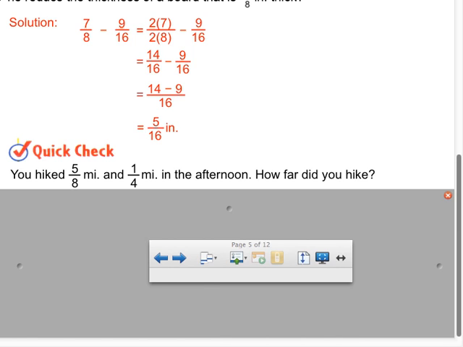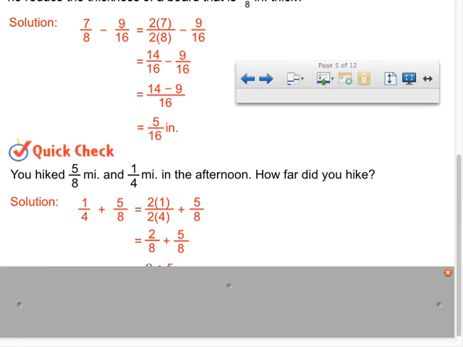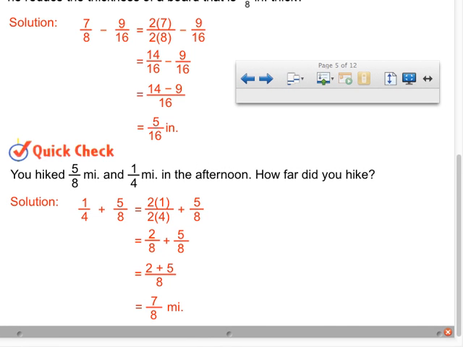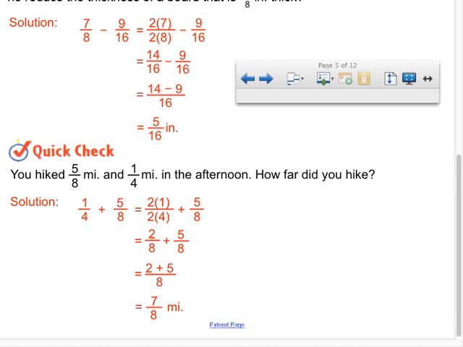Kalila. Nope. Who said that? Say it again. And. What's and mean? Add. Okay. What's the LCD going to be? 8. You can probably do this mentally. What's the answer going to be? Okay. Any questions about this problem?